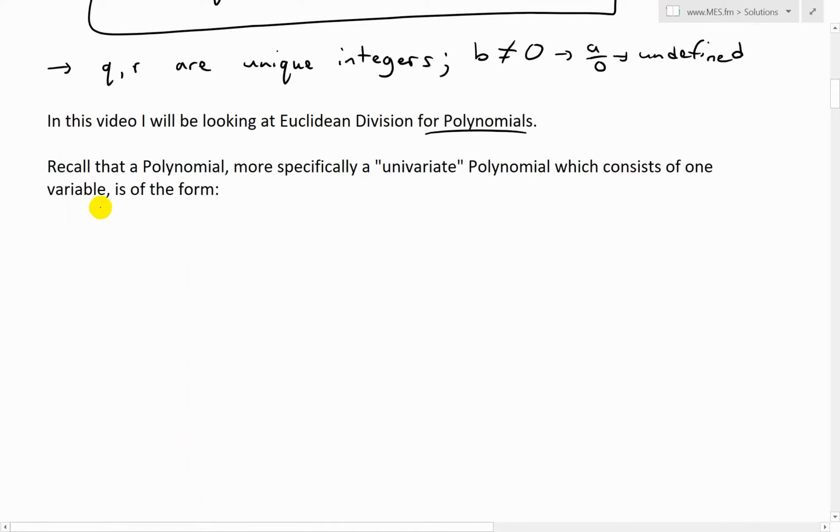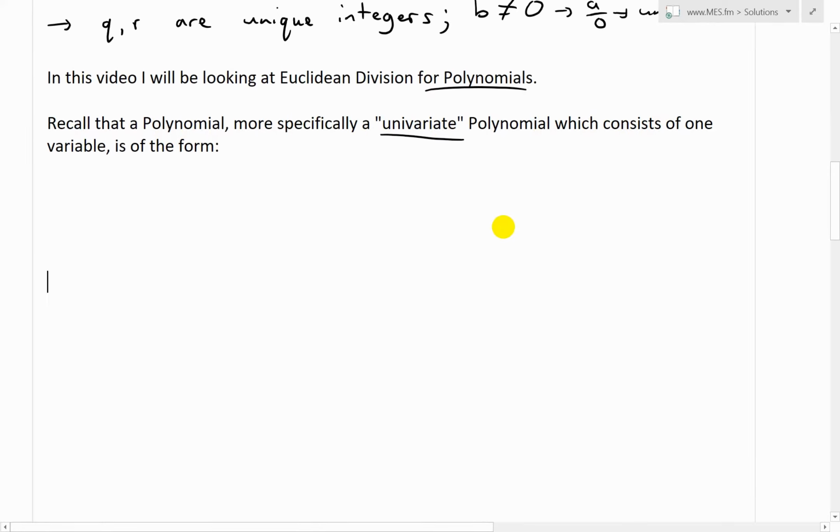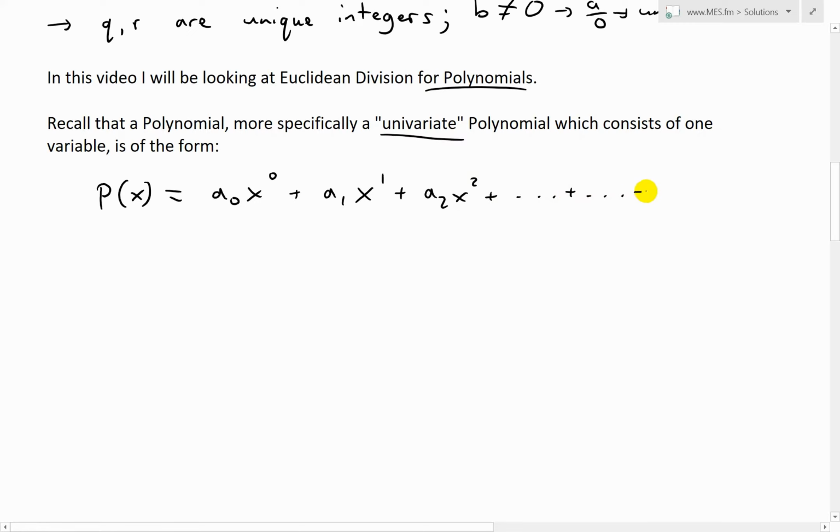Recall that a polynomial, or more specifically a univariate polynomial, which consists of just one variable, is of the form p of x equals a0 x^0, where a0 is a coefficient or a constant and x^0 is just 1, plus a1 x^1 plus a2 x^2, and it keeps going on and on until finally we have an x^n.